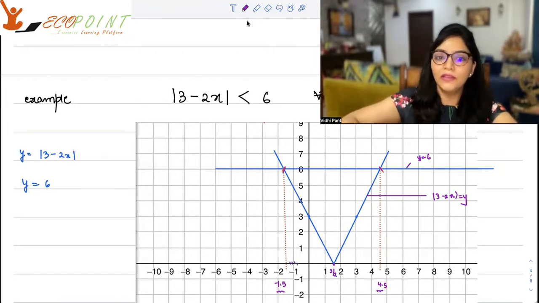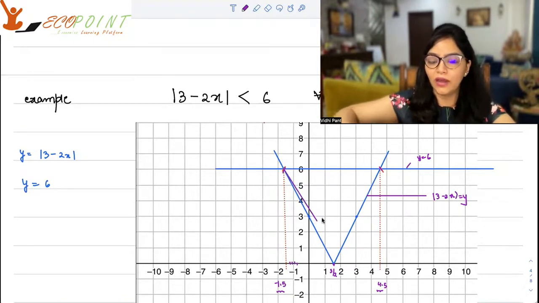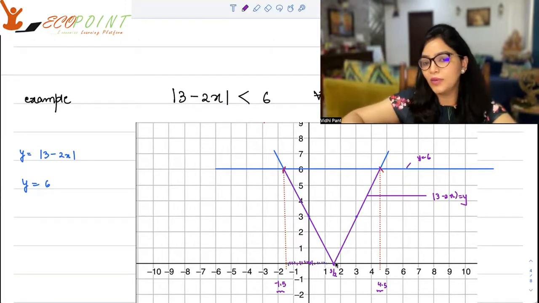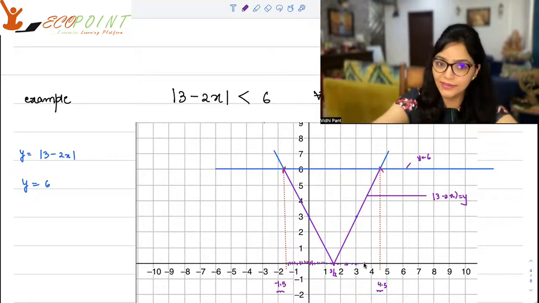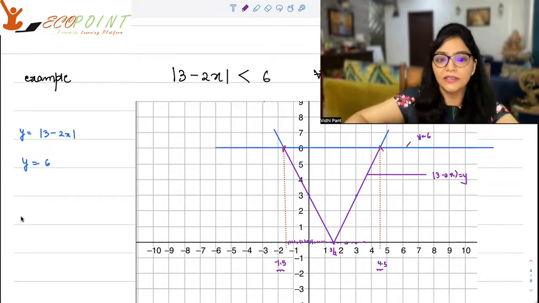Clearly, the graph that you see, which lies below the graph of y equals to 6, is this portion of the graph, right? Now, this portion of the graph has been generated by all the x's that are lying between minus 1.5 and 4.5. So hence, this means that this inequality mod 3 minus 2x less than 6 holds.